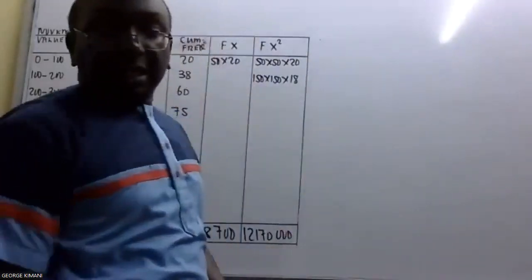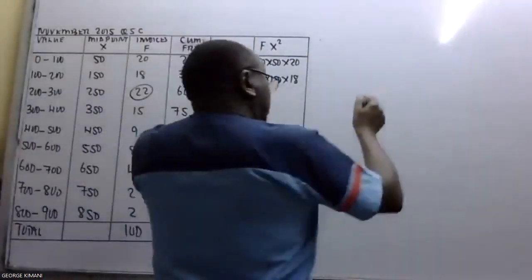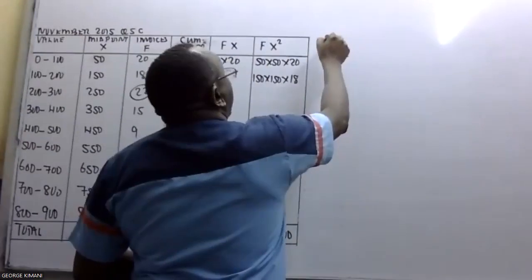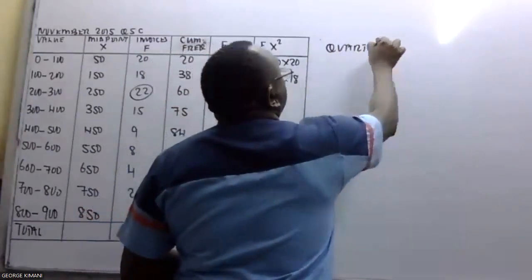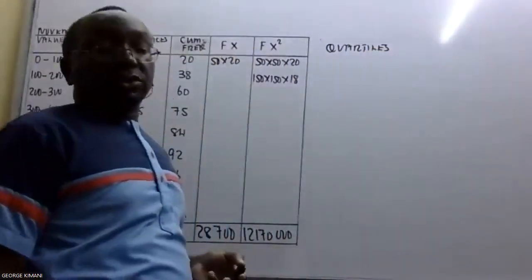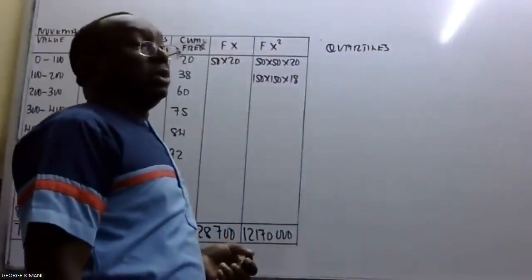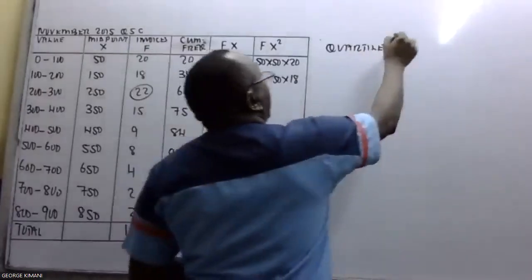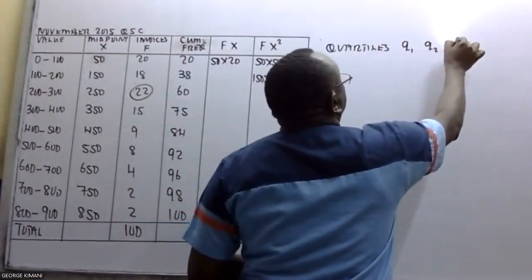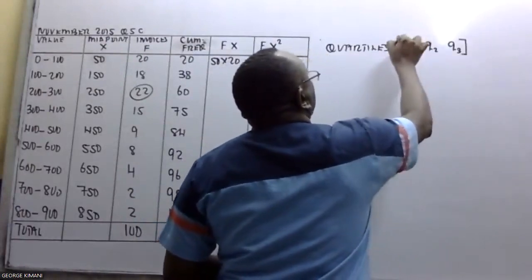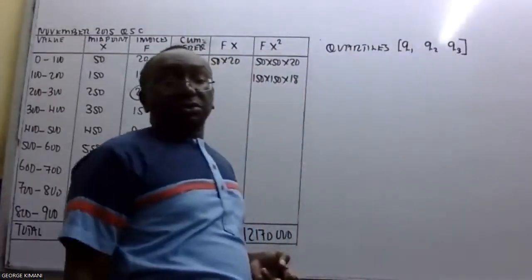The next thing that we have is called quartiles. Remember, quartiles divide data into 4 parts, and we have Q1, Q2, and Q3. So you can compute any of those.